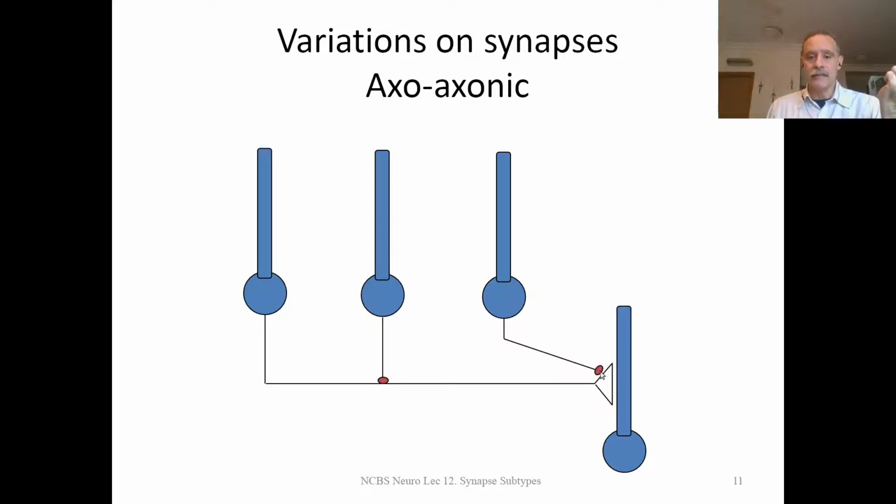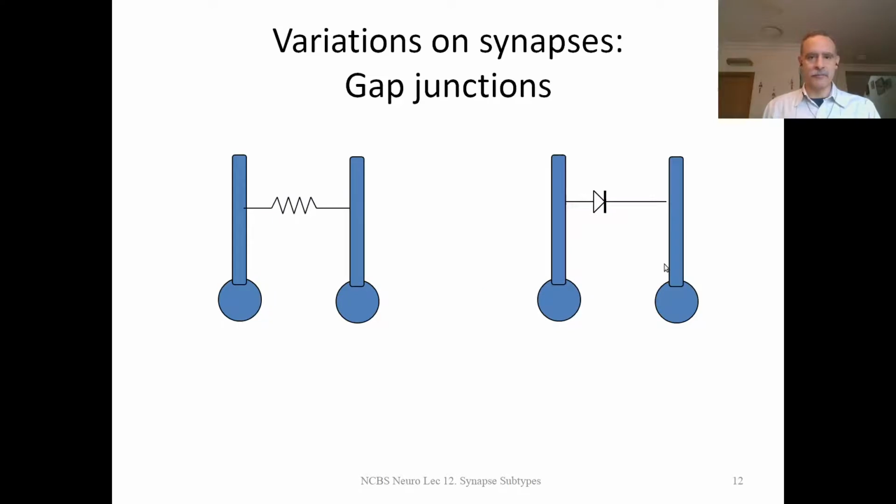And now you have an inhibitory synapse coming and blocking that one synapse. So this is an extremely precise way of shutting off just one particular synaptic contact without affecting any of the other connections that this presynaptic cell may have made. So there you have axo-axonic. Let's see what else nature has come up with. Well, this is something you are probably familiar with.